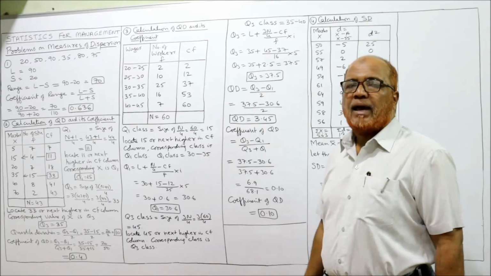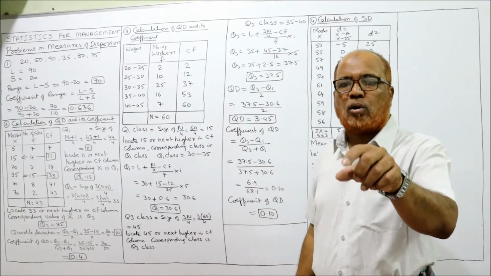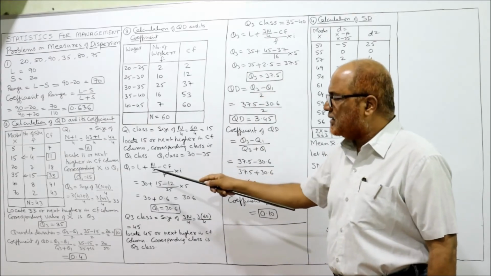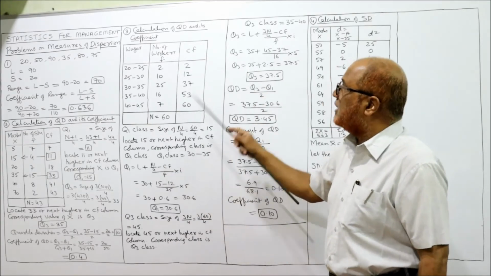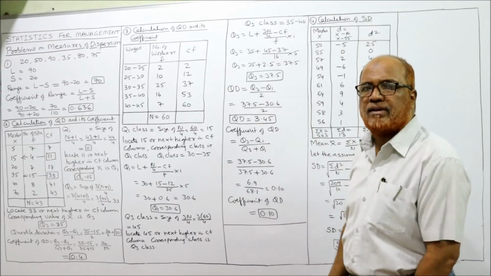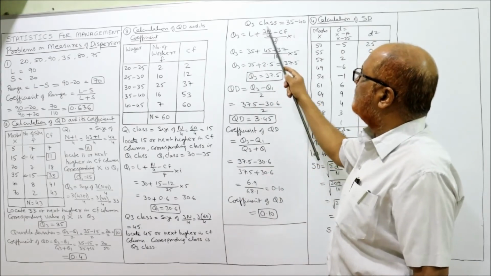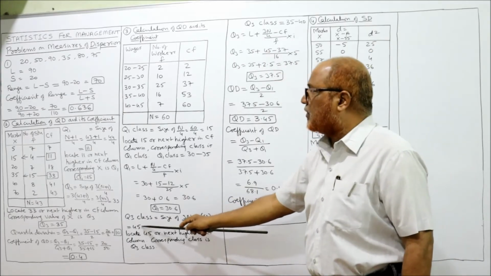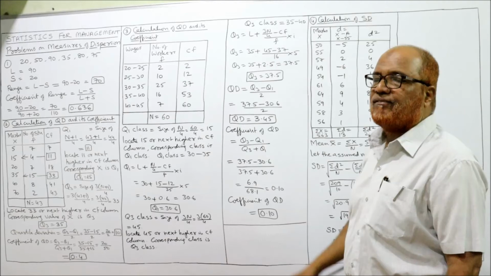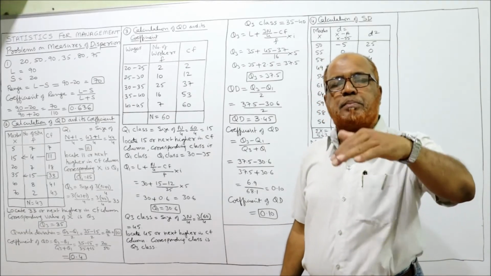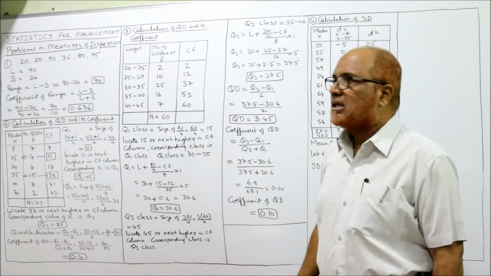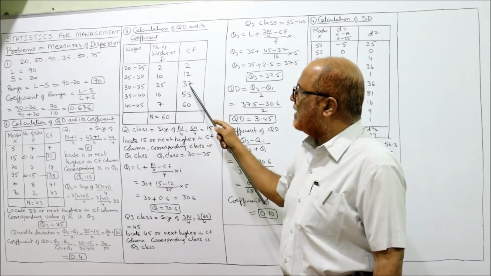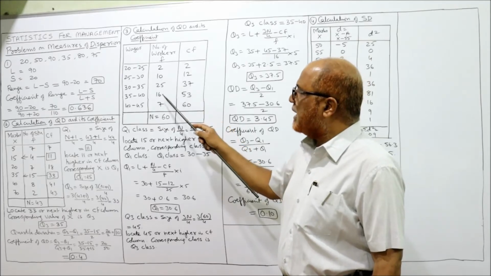Now Q3 formula: L plus 3n by 4 minus CF by f into i. Same formula. The only difference is, there we took n by 4, here we take 3n by 4. Lower limit is 35. 3n by 4 we already calculated, 45. CF, the cumulative frequency of the class preceding the Q3 class. Q3 class is 35 to 40; preceding this is 30 to 35, and the value is 37.